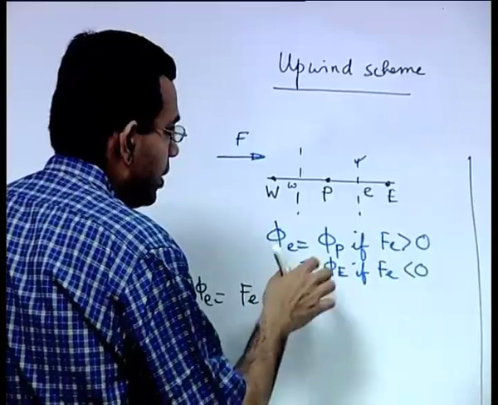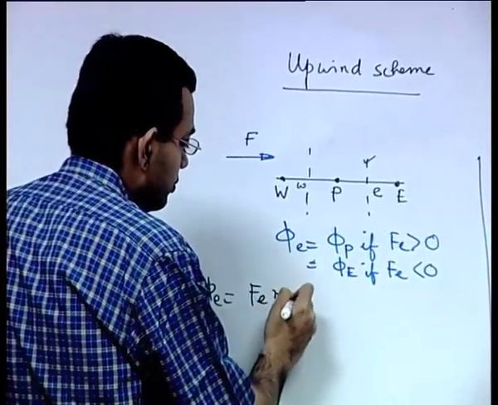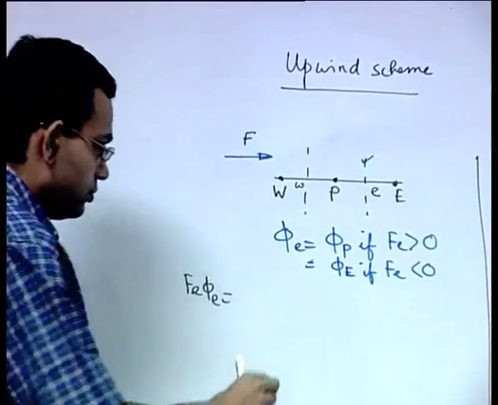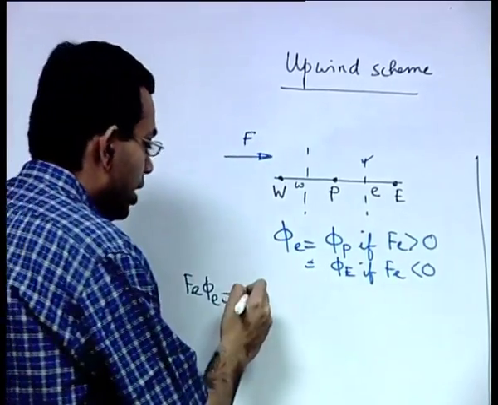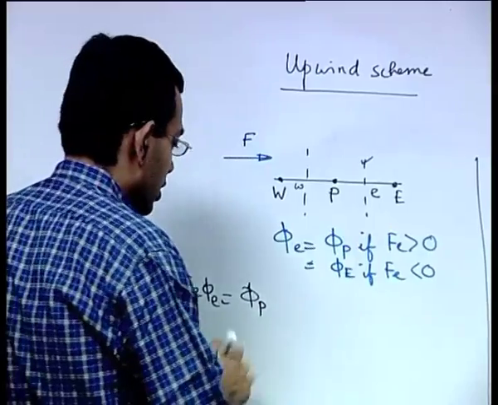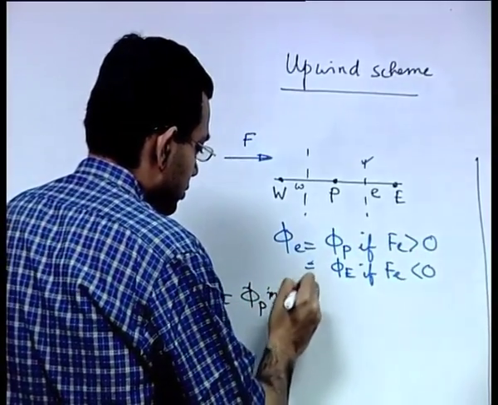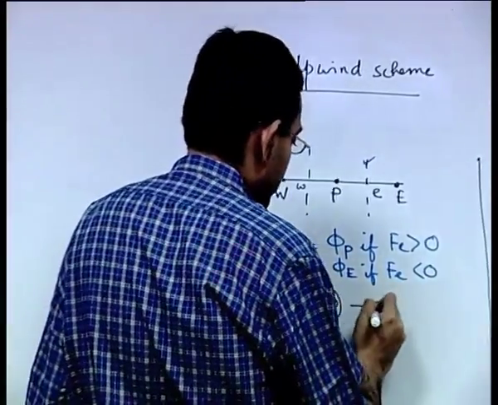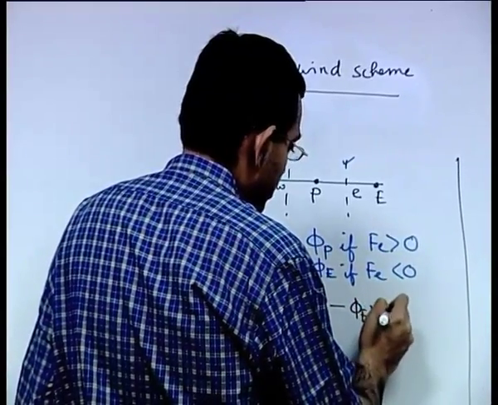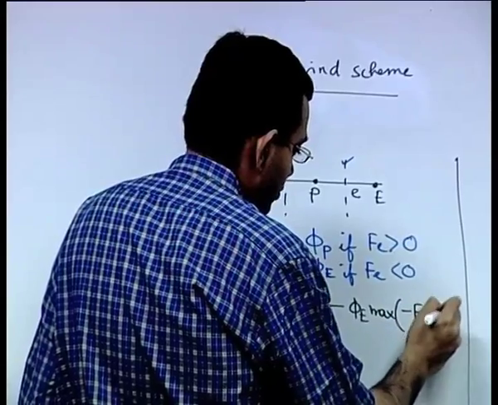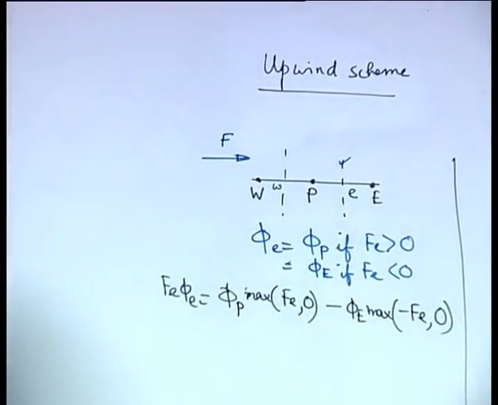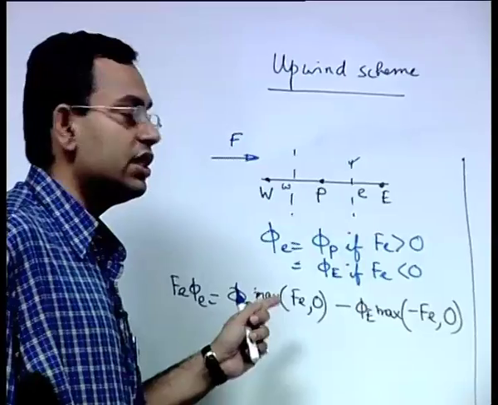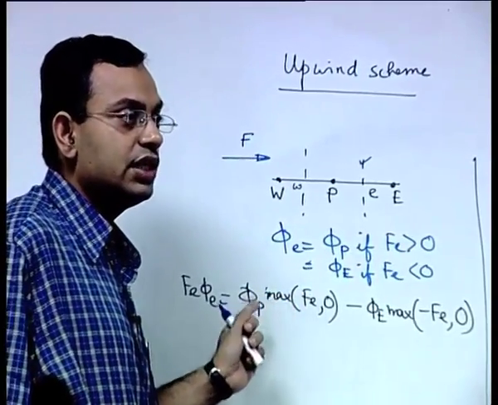Now, we write this statement by combining these two, that is phi e equal to phi P if F e is greater than 0, and phi E otherwise, in terms of max functions. Here max a comma b is a function which returns the greater of the two.